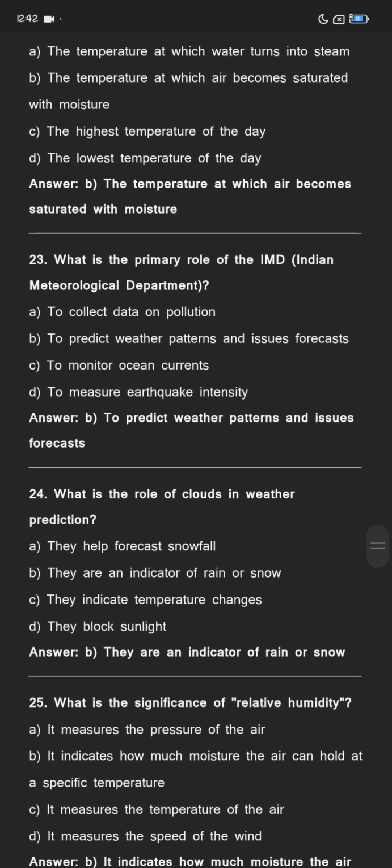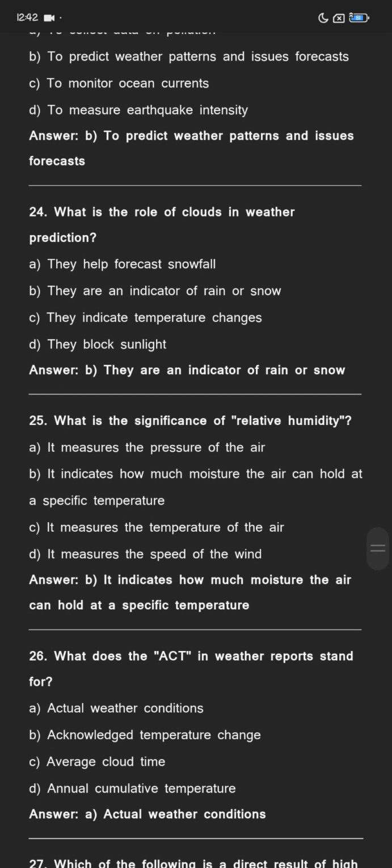What is the primary role of the IMD, Indian Meteorological Department? To collect data on pollution, to predict weather patterns and issue forecasts, to monitor ocean currents, to measure earthquake intensity. The answer is to predict weather patterns and issue forecasts.